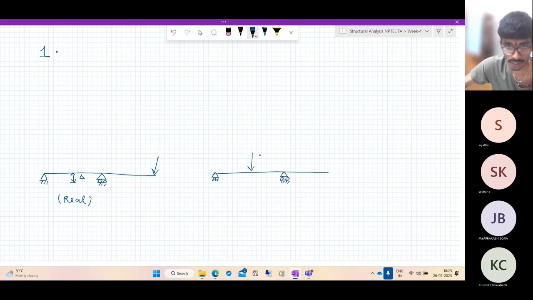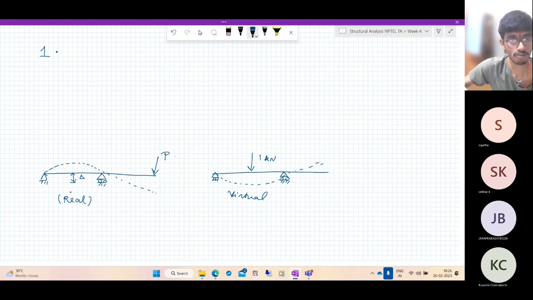Apply a unit virtual force here. Now this deflects something like this, and this will deflect something like this. So this is the virtual system.